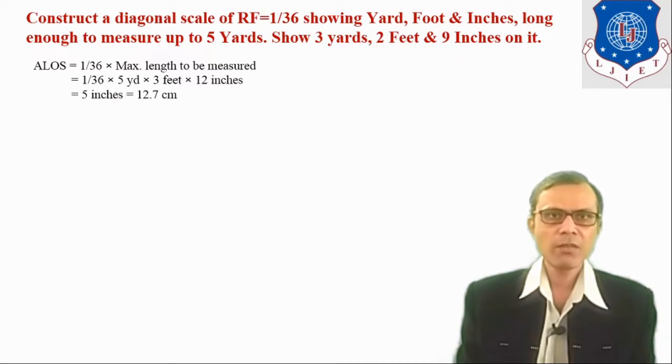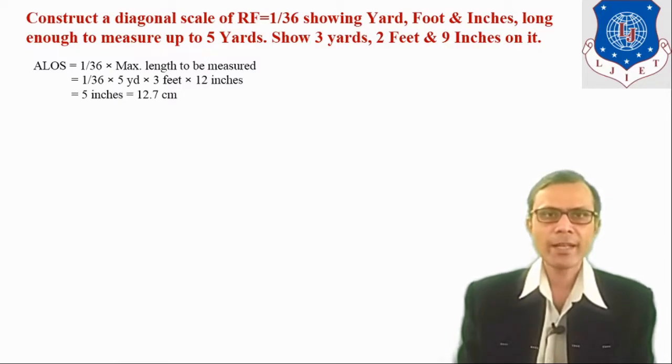Now the relation between these units is 1 yard equal to 3 feet and 1 foot equal to 12 inches. Maximum length to be measured is given as 5 yards. So it is the first part of the drawing. In the second part, we have to show this dimension, 3 yards, 2 feet and 9 inches, on this scale.